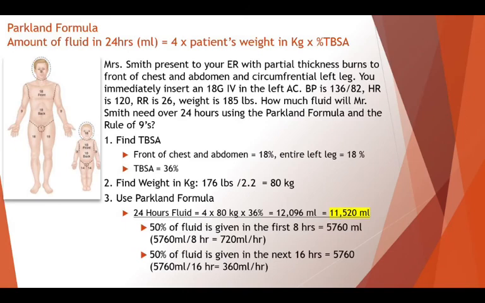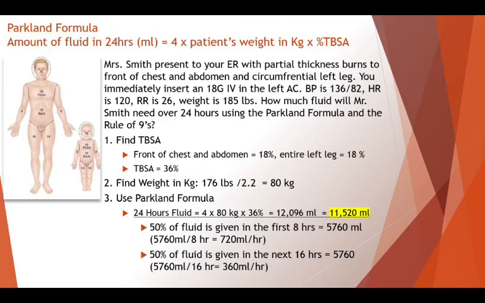So here's an example slide that you have a patient that comes into the ER, and this is very similar to the math that you will get on an exam. It has some vital signs there, but I don't care what your vital signs say. We're still going to give the Parkland formula because this patient has a major burn. They have partial thickness, which is second-degree burns, to the front of the chest and the abdomen and circumferential left leg.